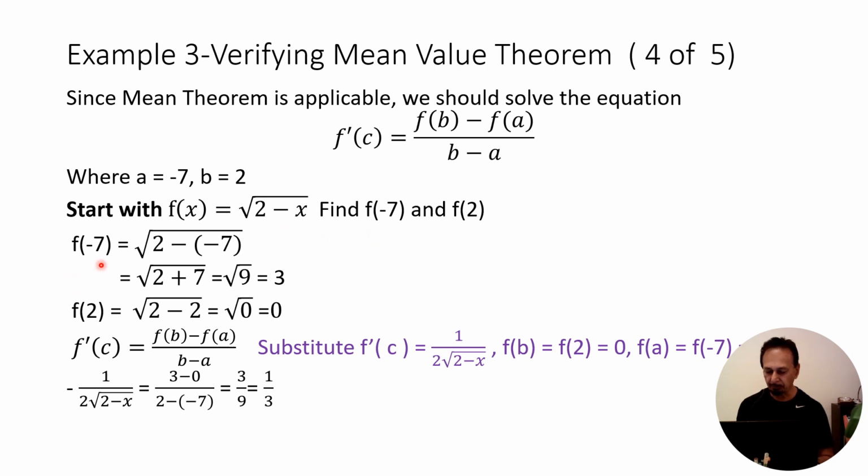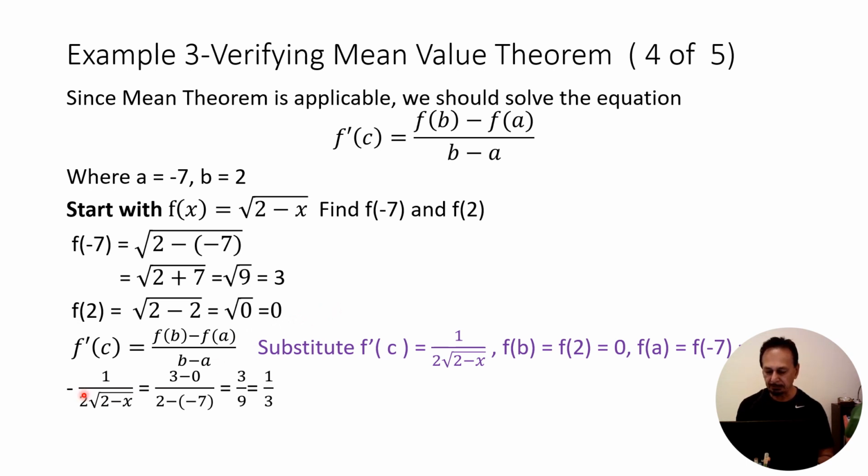So f of negative 7 will be the square root of 2 minus, replacing x by negative 7, so this becomes 2 plus 7, the square root of 9, which is 3. Now we find f of 2. So f of 2 would be the square root of 2 minus 2, which is the square root of 0, which is 0.